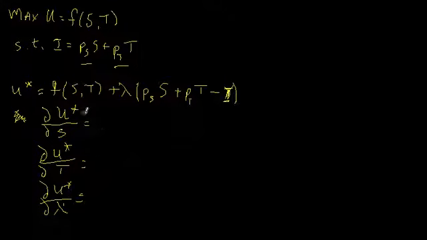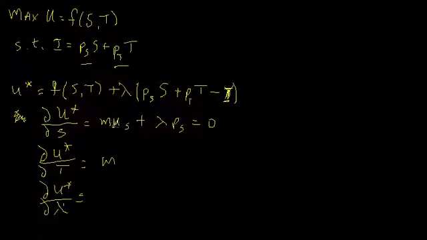So the partial derivative of u star with respect to s is going to be the partial derivative of f with respect to s, which we recognized from the last video is the marginal utility of spaghetti, plus the derivative of lambda times PS times s, which is going to be lambda PS, and that wants to be equal to 0. And then the same thing for t.